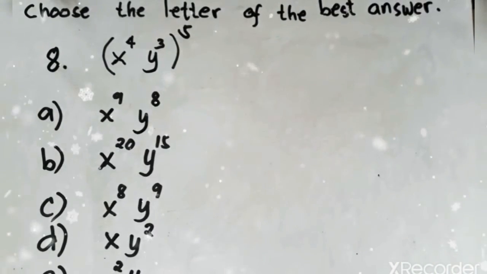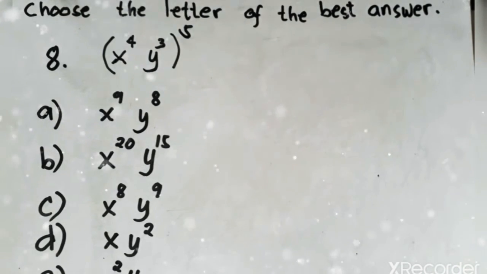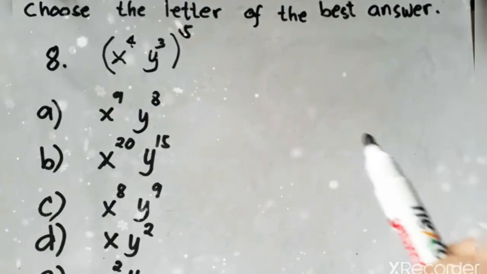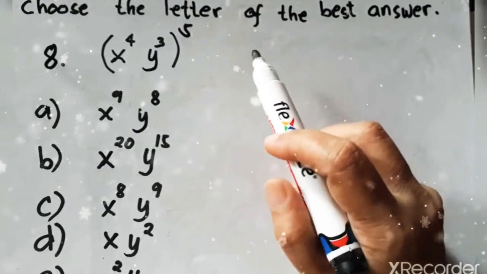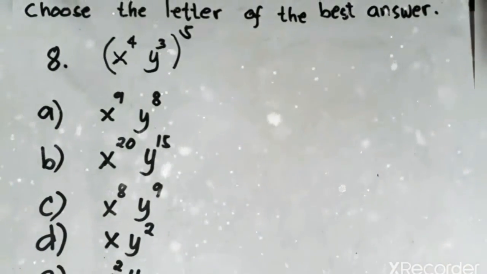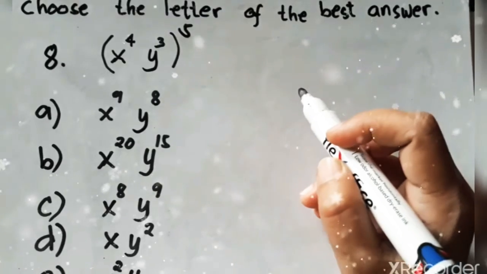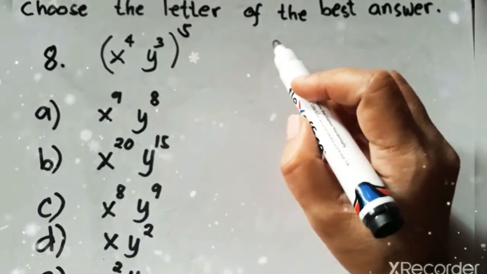Okay, number 8 of our compiled set questions for UPCAT, ASSET, DUST, and SASE. So just simplify x to the fourth, y to the power of 3, raised to the power of 5, or to the fifth power. Now, in our exponent rules, our power rule applies here.